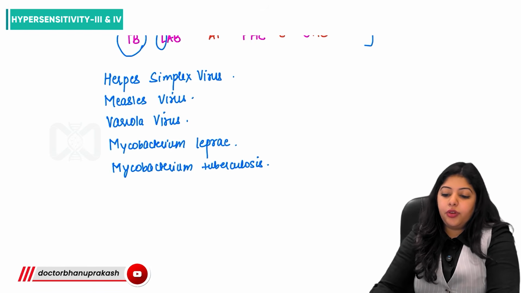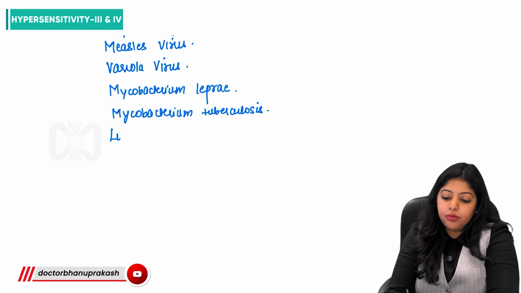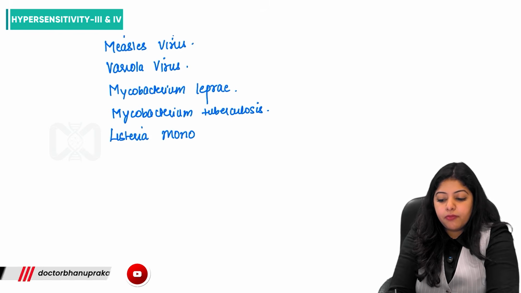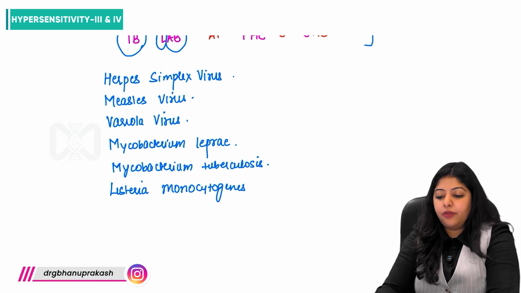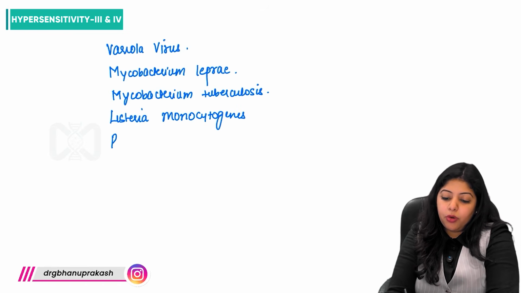L stands for Listeria monocytogenes. A and B stand for Brucella abortus.